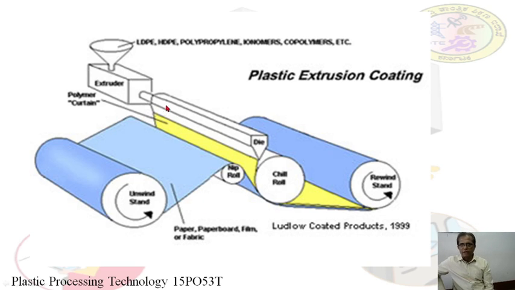In this diagram you can see how the coating is done by the extrusion process. This is the base or substrate material which is taken from the roll, and it is passed to the two rollers in between, the chill roll and one more roll, the nip roll, as it is called.